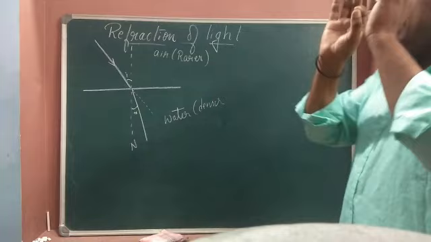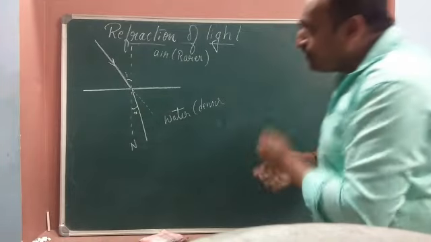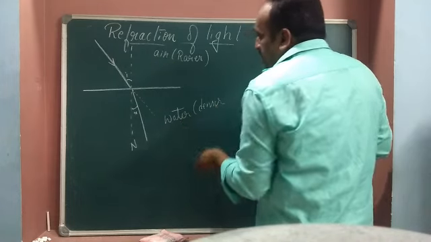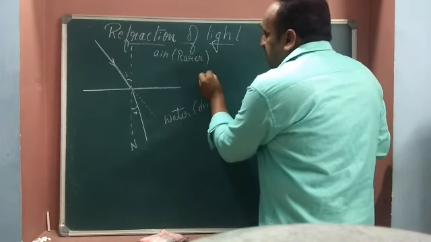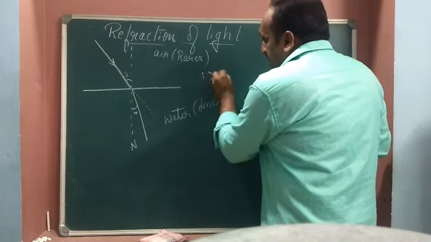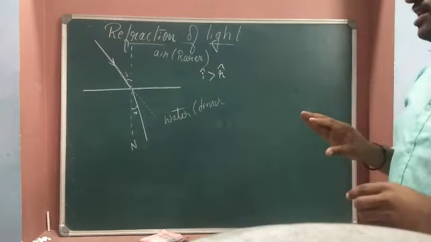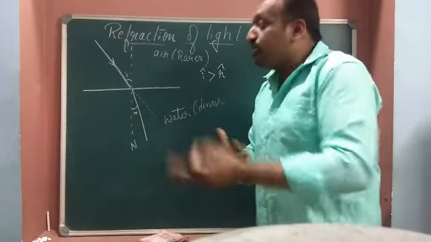See here, very easy and simple. If the ray of light passes from a rarer medium to a denser medium, the angle of incidence is greater than the angle of refraction. This you should remember. And this becomes vice versa.